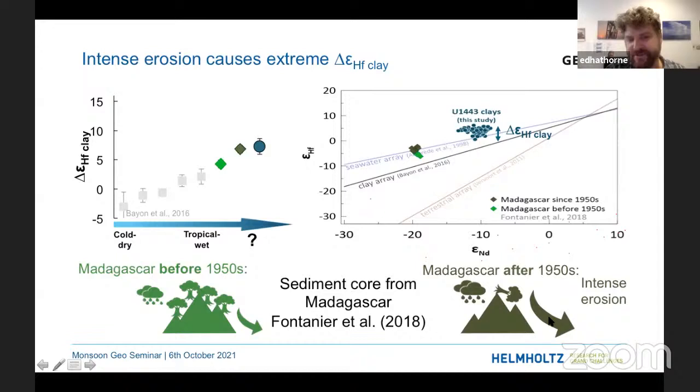Whereas after the 1950s, when there was significant deforestation, there was intense erosion, and the delta epsilon hafnium clay values have increased even more, and they're more like the values we find. So this could suggest that it's not just hot and wet and strongly weathered, but actually we also have intense erosion eroding the intensely weathered material and bringing it to our site.